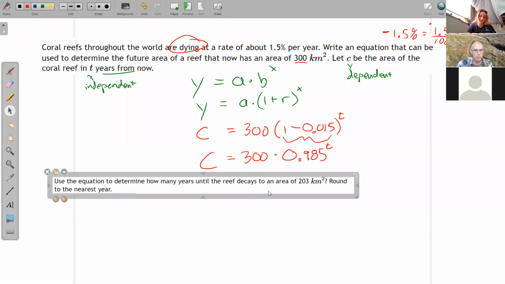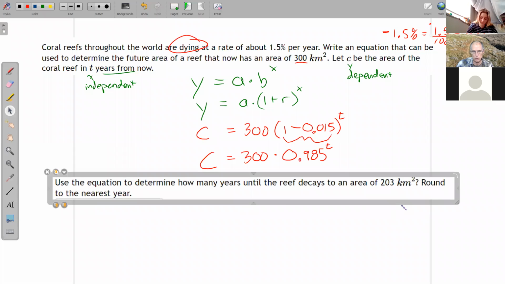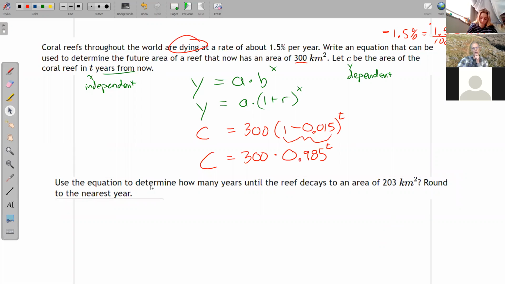All right, and blow that up a little more. Okay, use the equation to determine how many years. So in other words, what is t, right? Because t is supposed to be a question mark, the number of years until the reef decays to 203 square kilometers. So 203 is definitely an area.